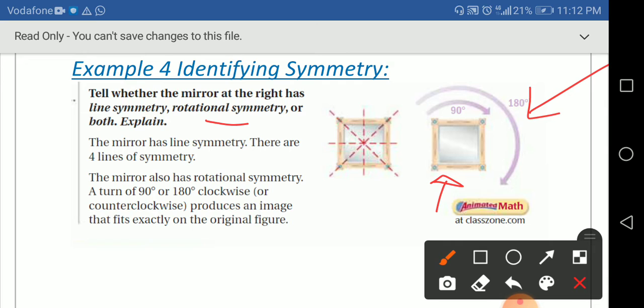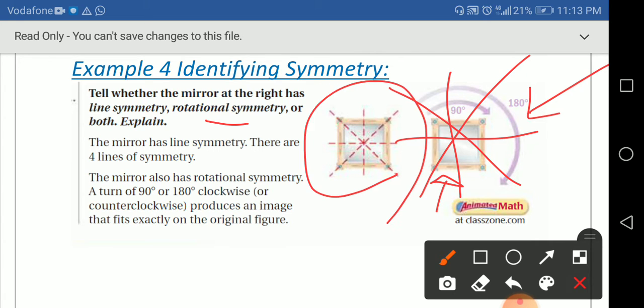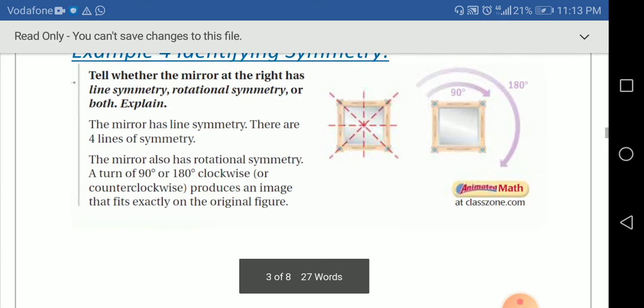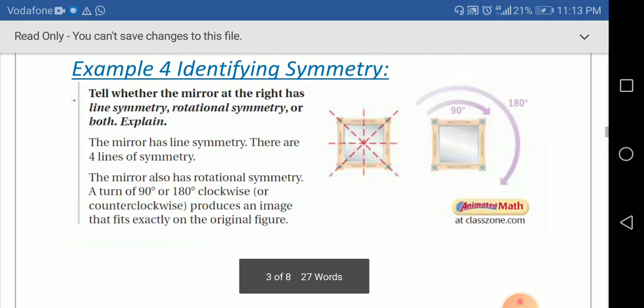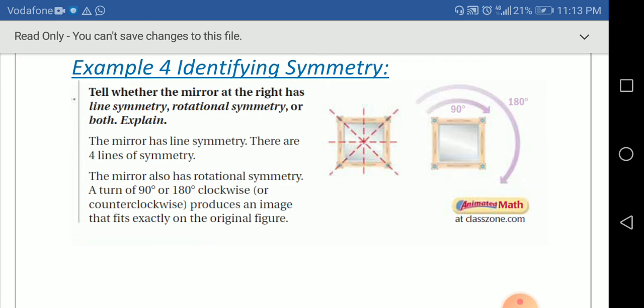So in this image, this is a square. In this square, all sides are equal in length. Therefore, how many lines of symmetry do I have? 1, 2, 3, 4. So I got 4 lines of symmetry that can divide the figure into equal or mirror images.